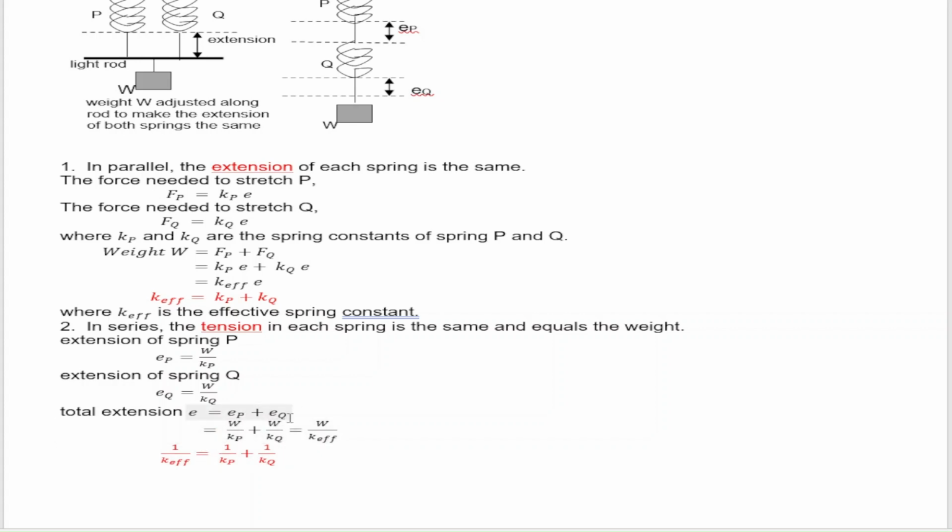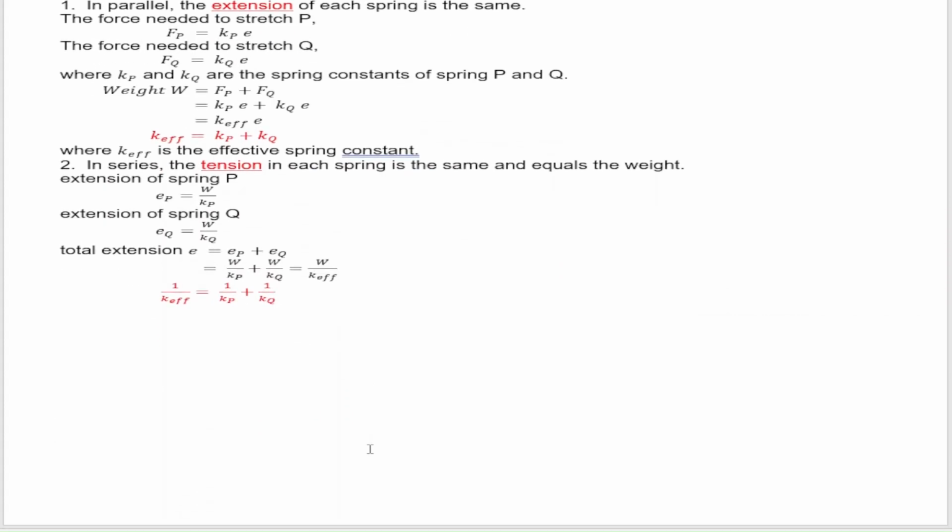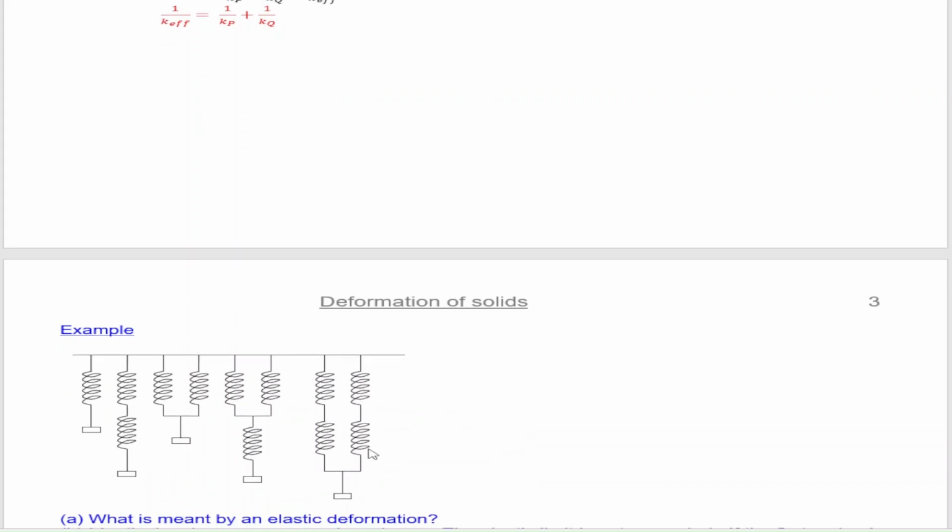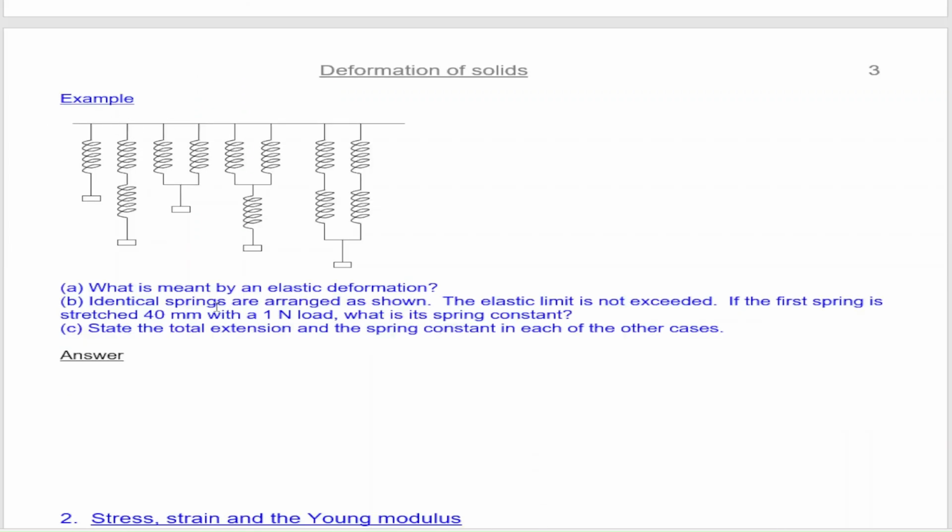So weight over kp plus weight over kq is equal to weight over k effective. So which means 1 over k effective is equal to 1 over kp plus 1 over kq. So k decreases.